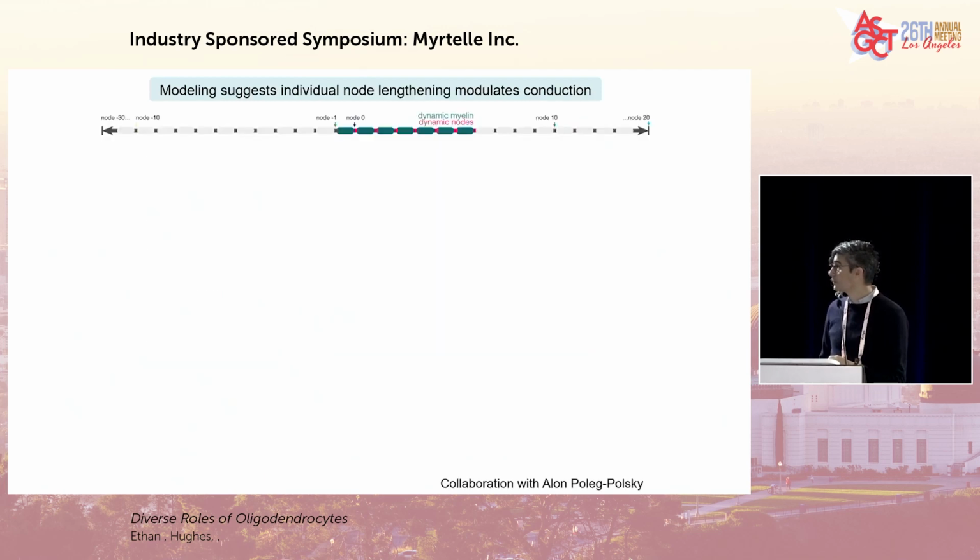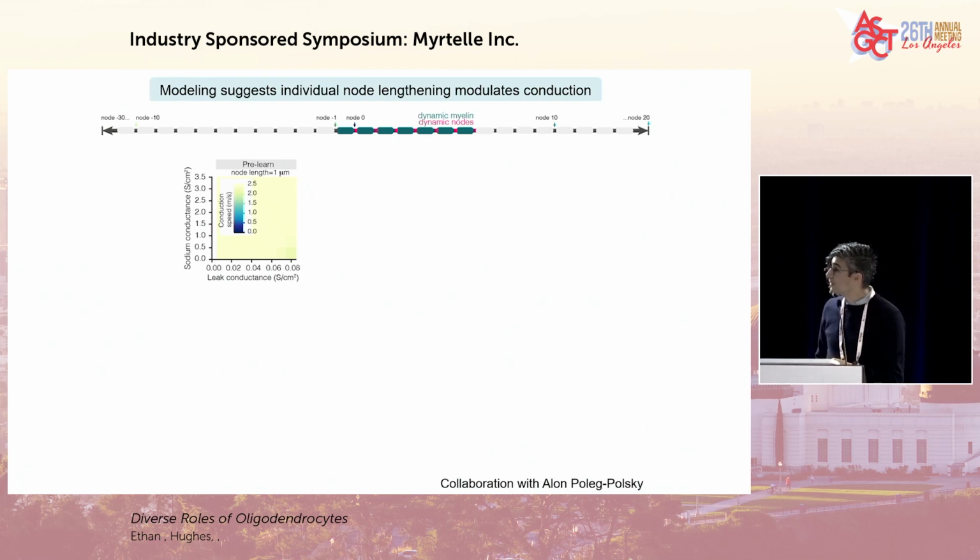To look at the functional consequences of this modulating myelination pattern, we collaborated with Ilan Polig-Polsky at the University of Colorado to model these effects. And so under normal circumstances, conduction velocity occurs quite quickly, around 2.5 meters per second.